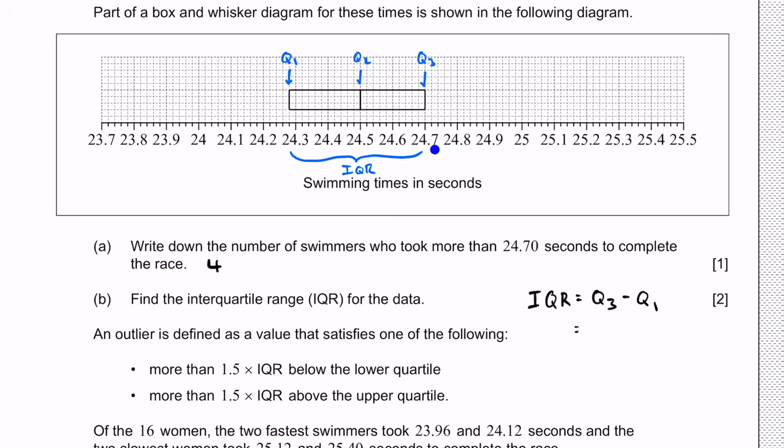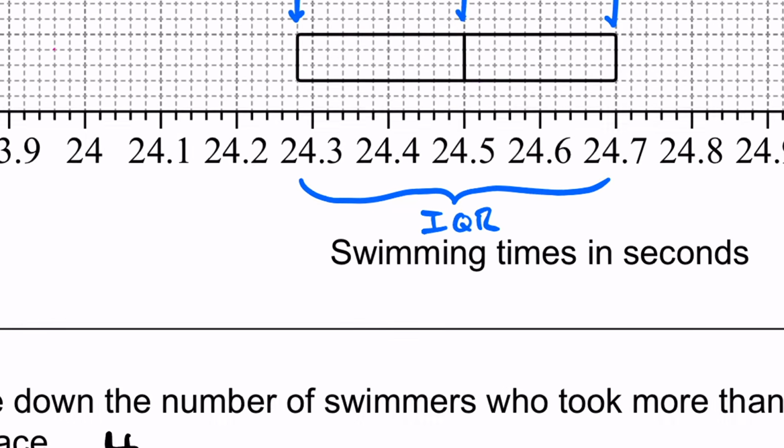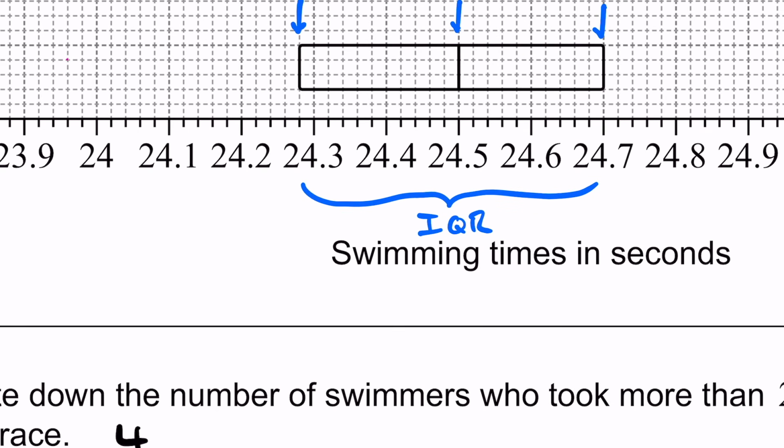Q3 looks easy to read. It's 24.7, so let's write that out. And for Q1 we might need to do a little work. It's not quite 24.3, it's slightly less. So our intervals are from 24.2 to 24.3, and they're divided up into 5 sections: 1, 2, 3, 4, 5. If this here is a distance of 0.1, then 0.1 divided into 5 intervals is 0.02.